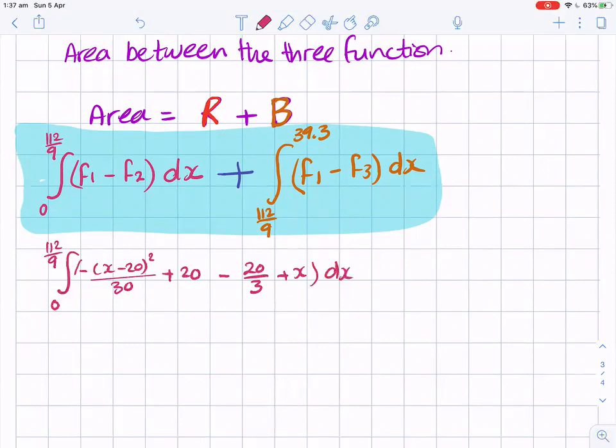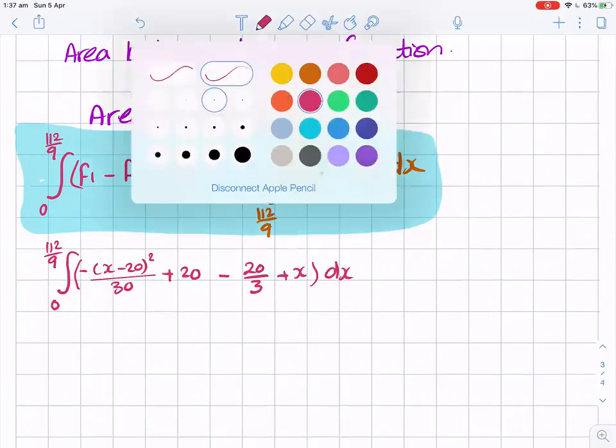Okay, so that's the red one, and then you work it out after you do the substitution, etc.